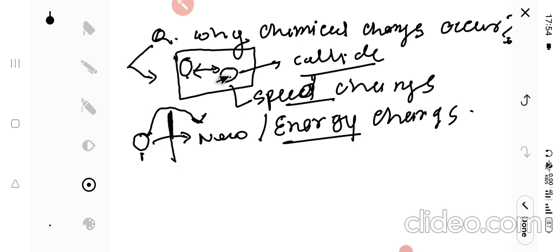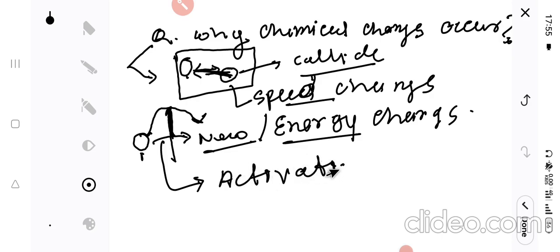If the collision provides a sufficient amount of energy to overcome this energy barrier, then the old substance changes to the new substance and a chemical change occurs, right? So it is necessary to supply a minimum amount of energy. This minimum amount of energy, the energy barrier, is called activation energy.